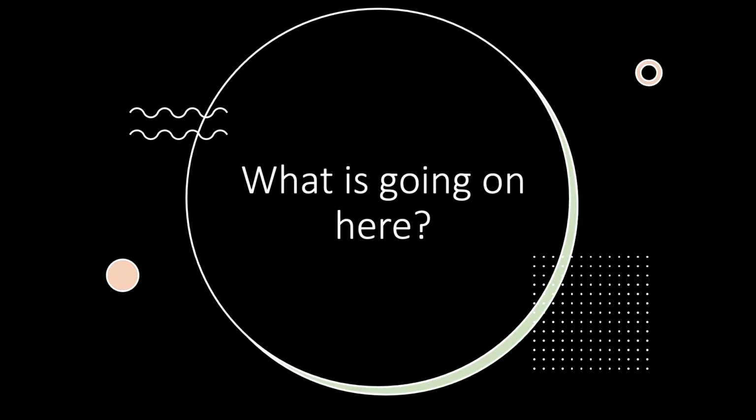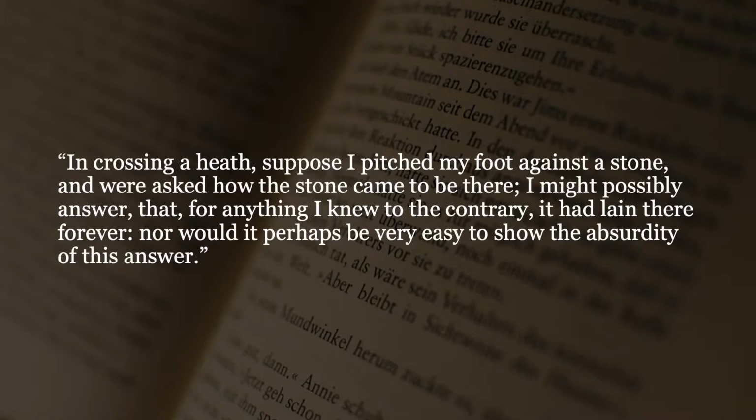So, what's going on here? Well, Paley is walking across the heath, which is like a big field, and he bumps his foot against a stone. And when he does, he asks himself, how long has the stone been here? And it seems like it's a perfectly natural answer to say, it's been there forever.